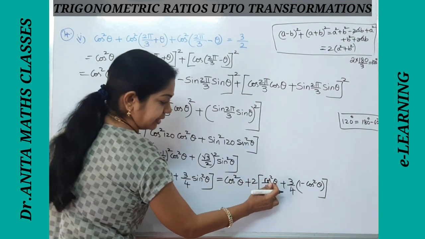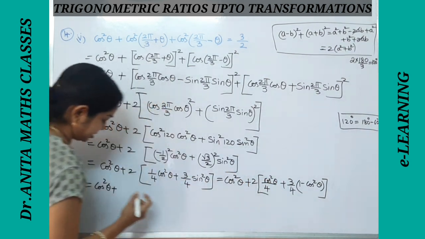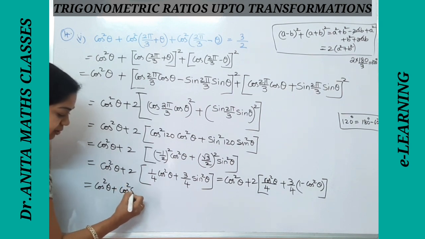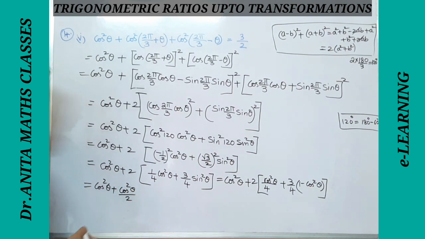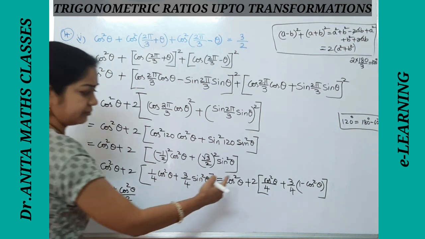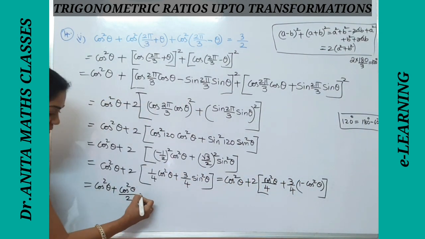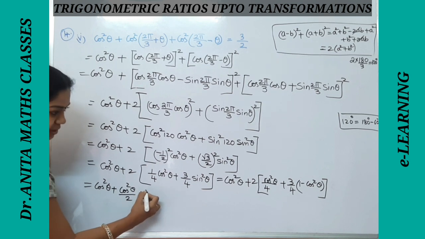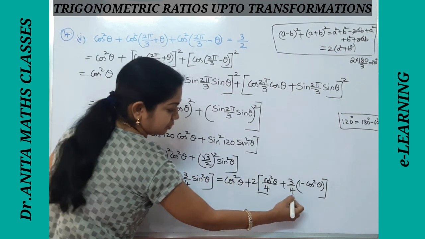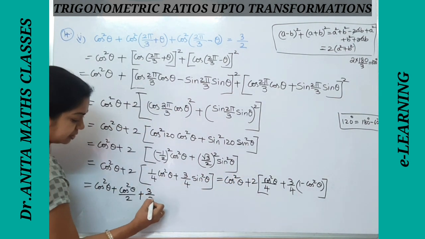So if you take here cos square theta plus 2 multiplied by this, I am opening the bracket: cos square theta by 2 you get here, and 2 multiplied by 3 into 1 by 4, that is 3 by 2.